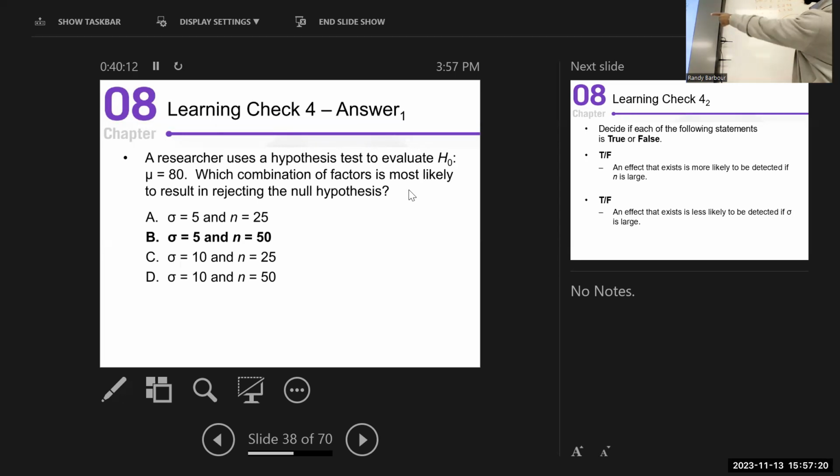Let's do the next one, with n of 50. What is 7.07?